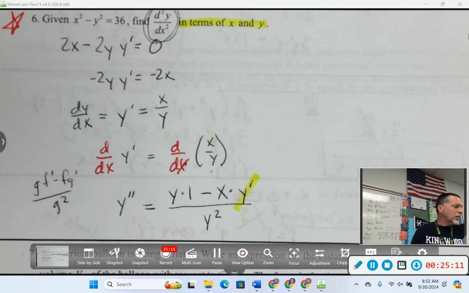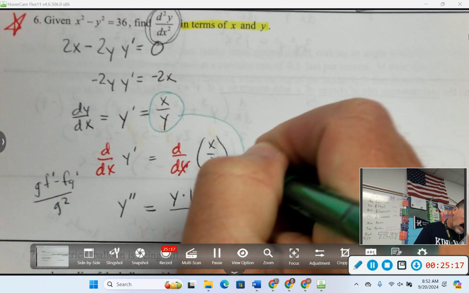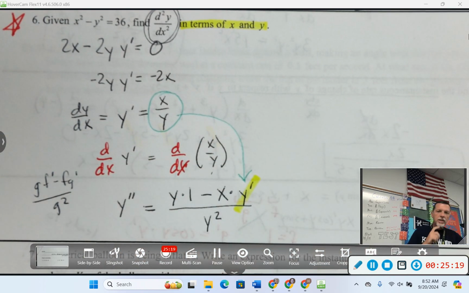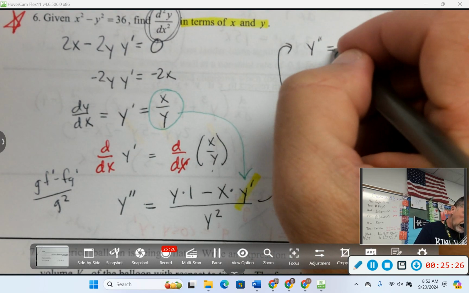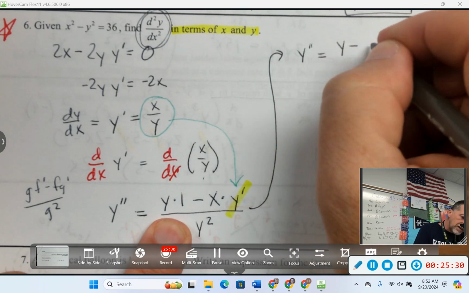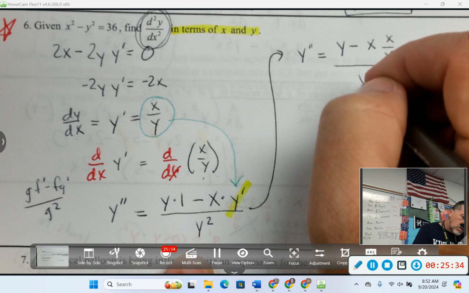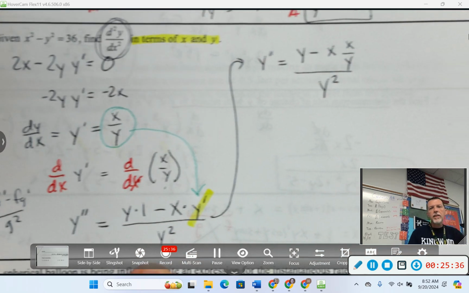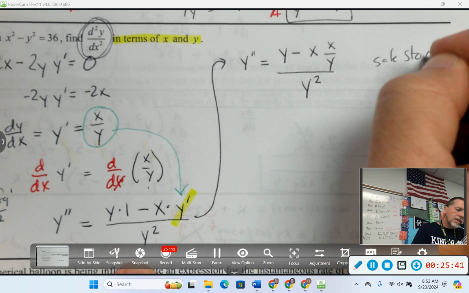Right, we have an expression for y prime though. So in place of y prime, I'm going to put x over y. So y double prime equals, clean this up a little bit, y minus x times x over y, squared. That would be a safe stop.